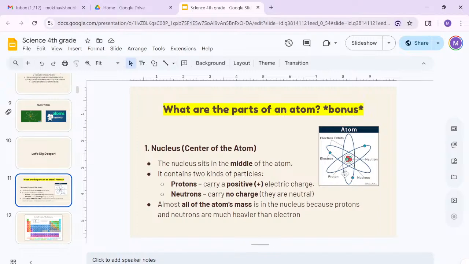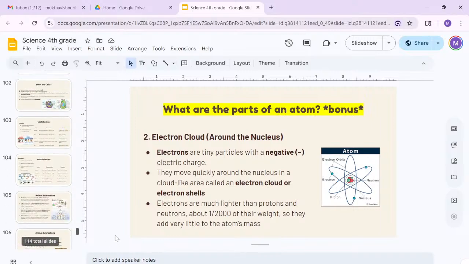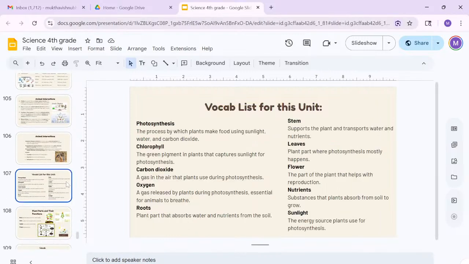And the electrons have a negative charge and they surround the middle of the atom. You can see that they're in the electron cloud or electron shells. These are also called orbitals. They don't really contribute to the atom's mass. And yeah, it's just a little overview for that.